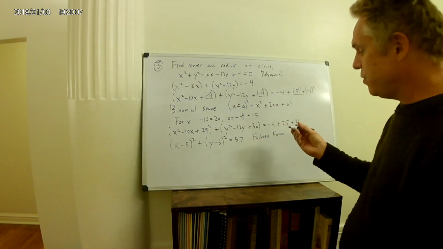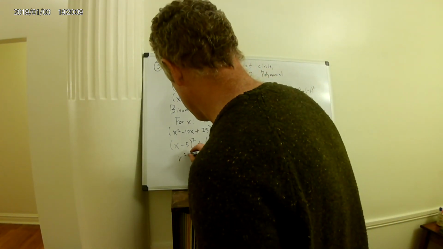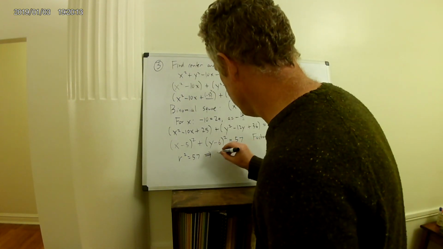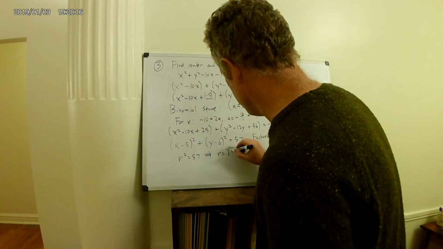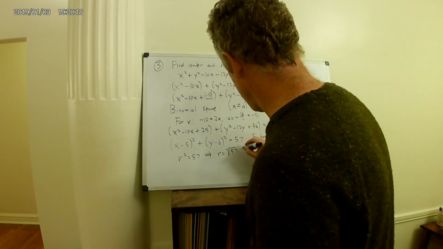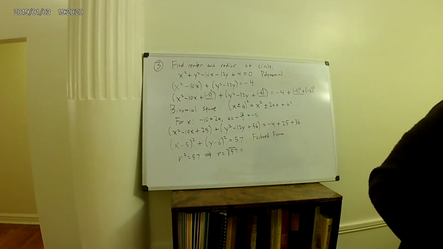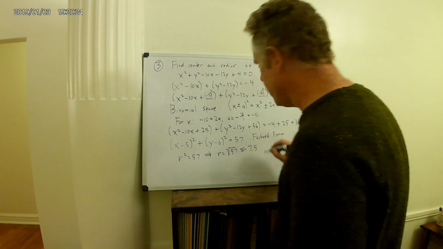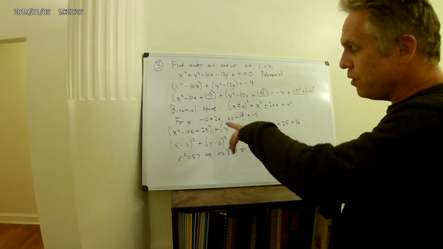So very quickly I see that r squared is 57, which means that r equals the square root of 57. And if you guys plug that in your calculator, you get approximately 7.5. And I can also identify the center of the circle.